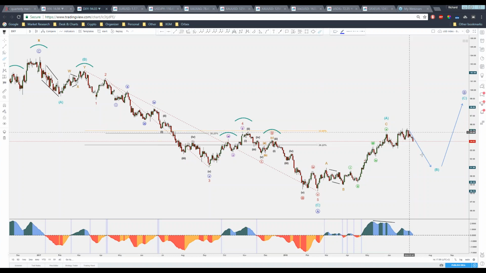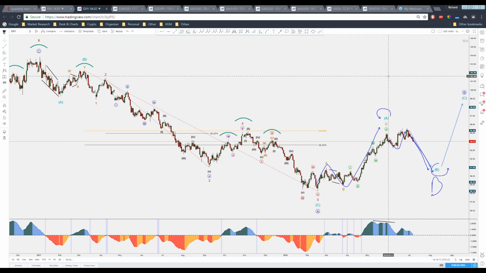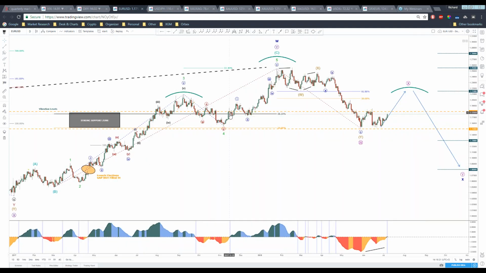Now, the way I'm seeing this is an ABC, to complete this B. So I'm labeling this as an ABC for the first A, then this B, and then possible upside some more. The reason why I'm saying this is because I'm starting to lose my faith in gold, the way it has broken through multiple things.